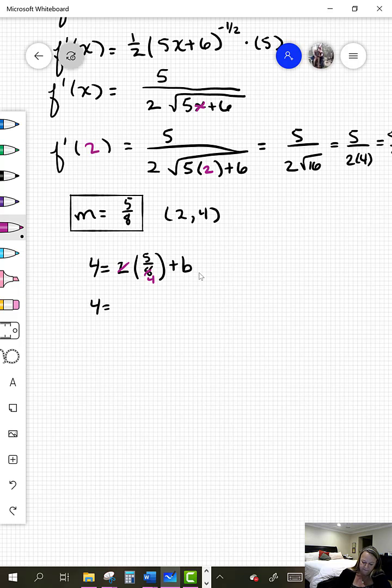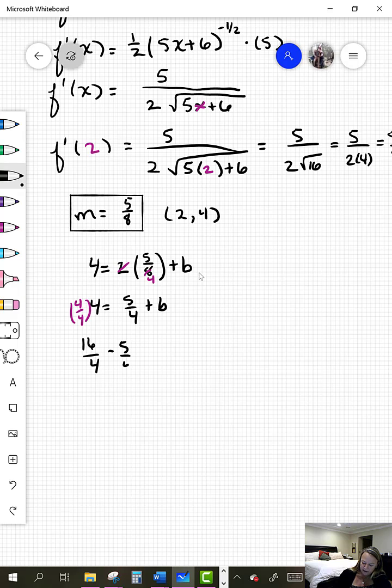So this gives me 5/4 plus b. We want to get b by itself, so let's subtract 5/4. As we're doing that, we're going to need a common denominator. So this is 16/4 minus 5/4 is giving us b. And so b here is 9/4.